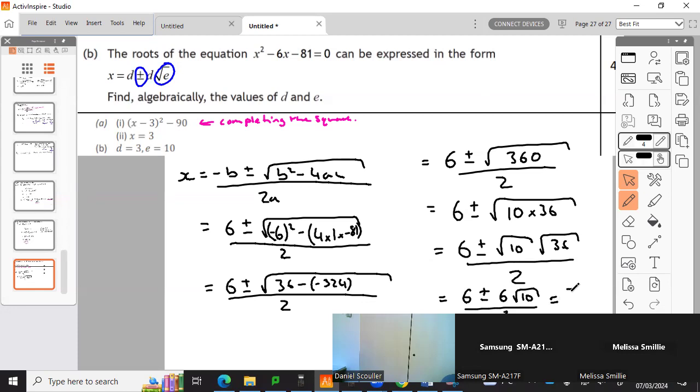So your answer would be 3 plus or minus 3 root 10. Is that right? 3 and 10. My God, that is. Okay, that's what you do. That was in a non-calculator paper. Don't let that throw you or put you off.